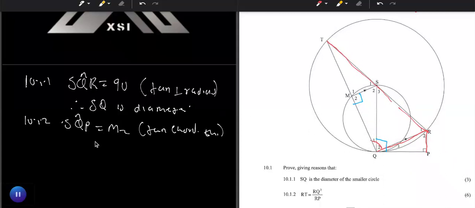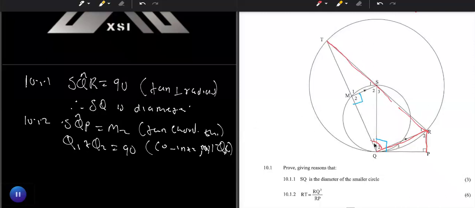You can say that Q1 plus Q2 should give me 90 degrees. What's the reason for that? Co-interior angles of parallel lines, which are MS and QR.